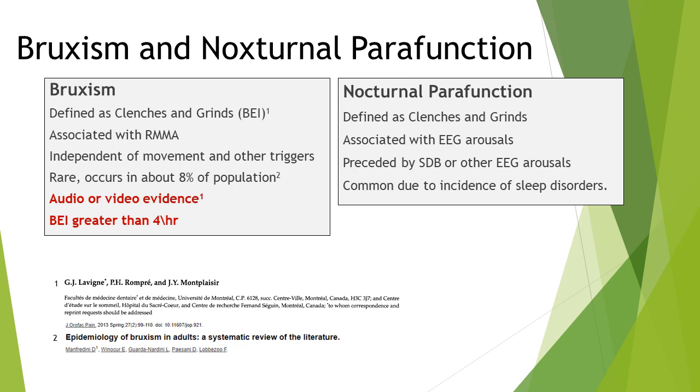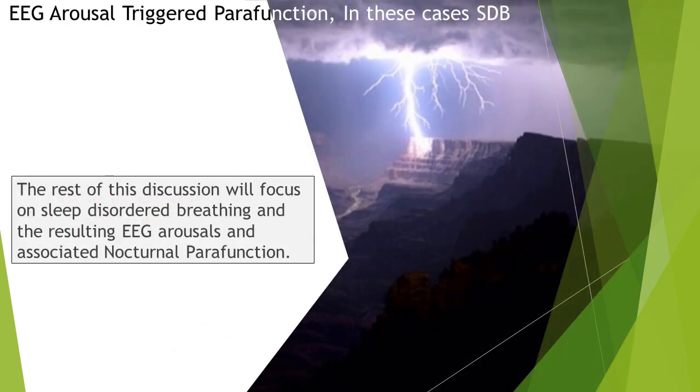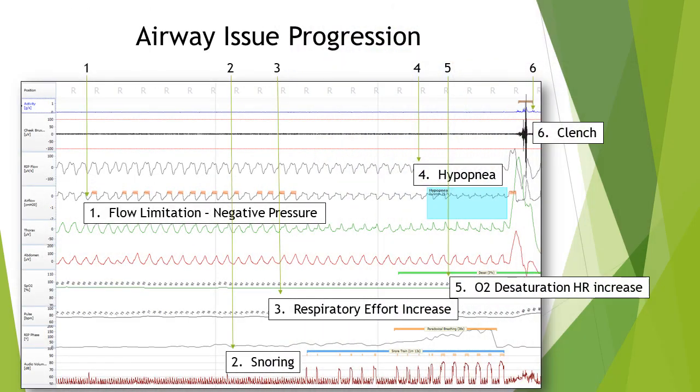And so what we're talking about here is an EEG arousal, and then there's a series of events, and we're going to talk about one of the triggers of EEG arousals, and the most common is sleep disordered breathing. So for the rest of the presentation, we're going to talk about sleep disordered breathing and the consequence of that EEG arousal.